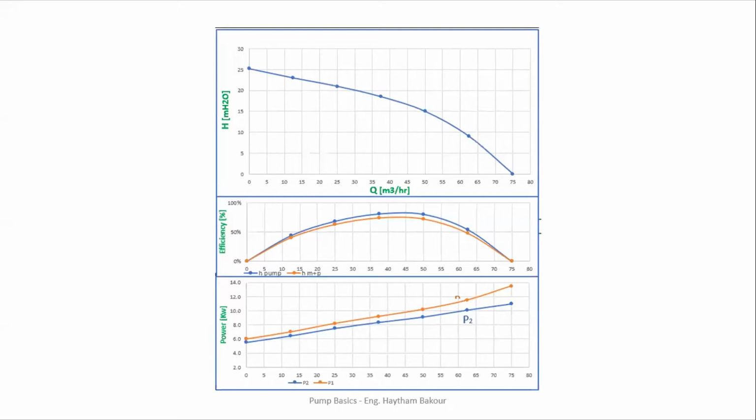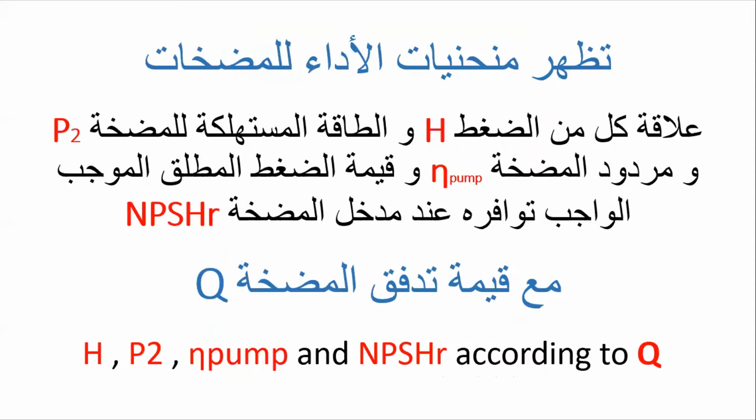We are going to talk in detail about those specifications, which represent the special identity of the pump, and no one can choose a pump without knowing what its performance curve means.